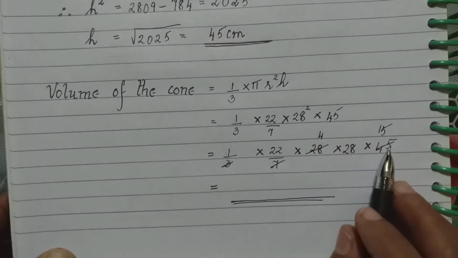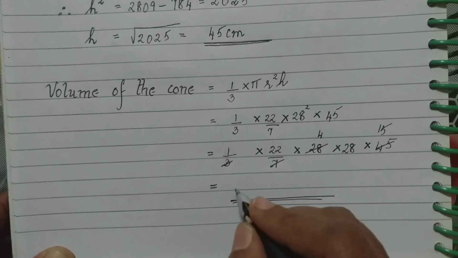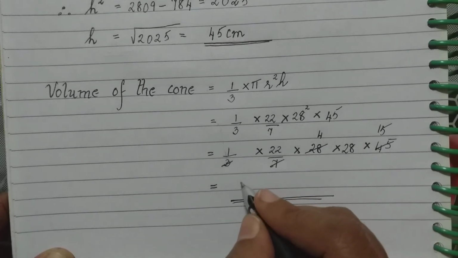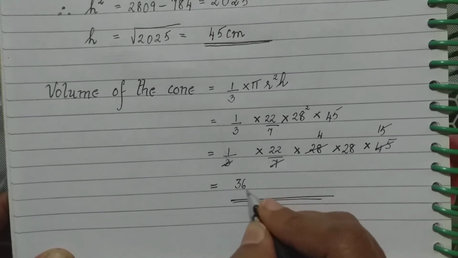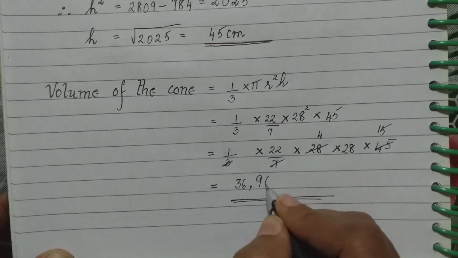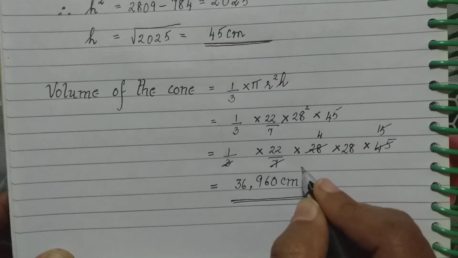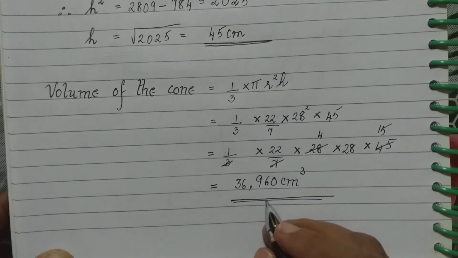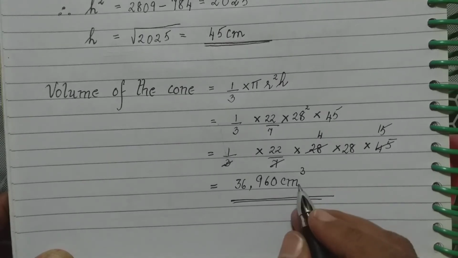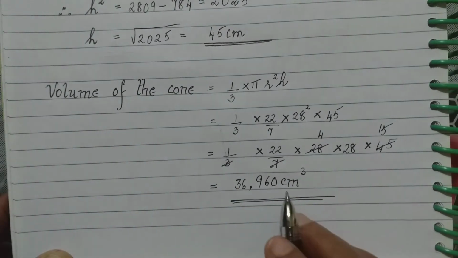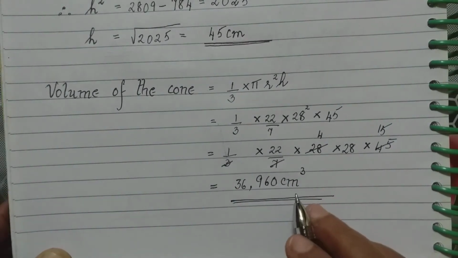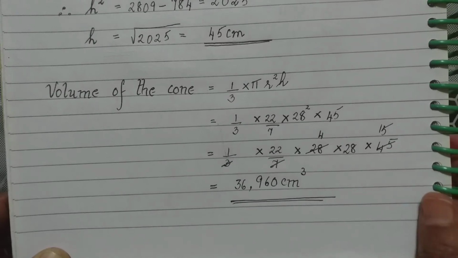So when you multiply all this, we get 36,960 centimeter cube. So 36,960 is the answer. It is the volume of the cone. So the unit is in cubic centimeter. Therefore we write centimeter cube.